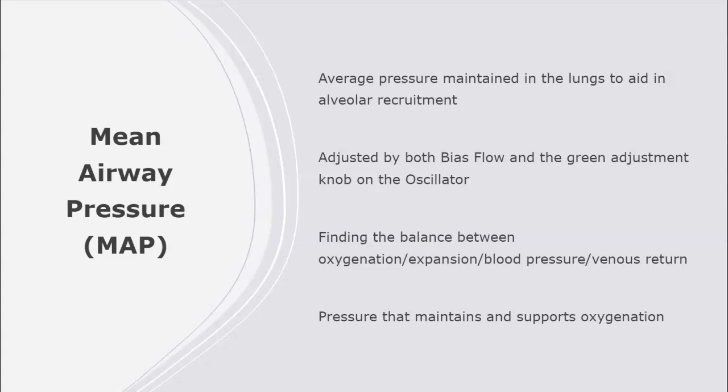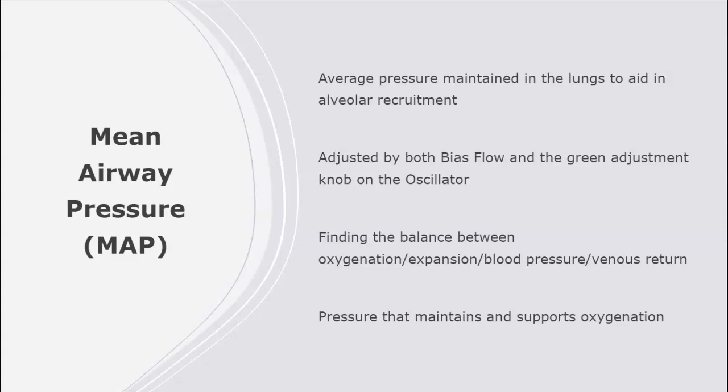This is what we use for oxygenation purposes and recruitment, because we're trying to open up, trying to get things oxygenated, because oxygenation and gas exchange happens with appropriate pressures at an appropriate surface area.